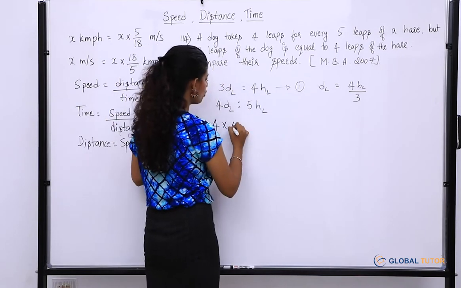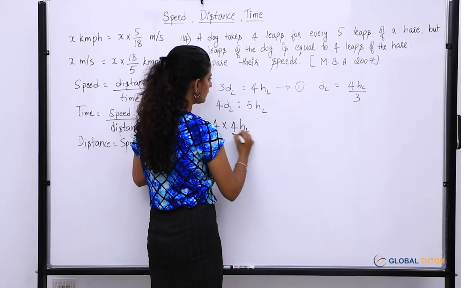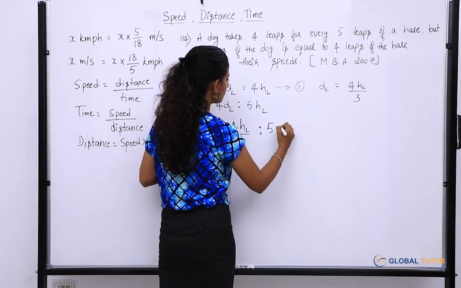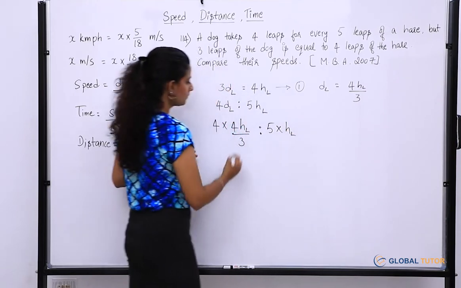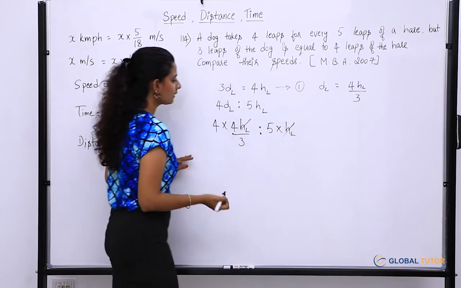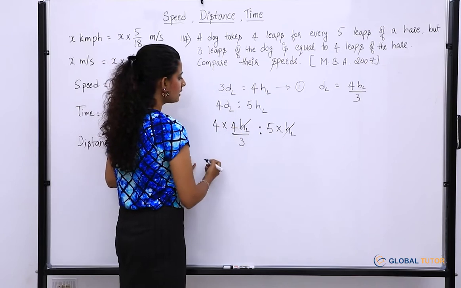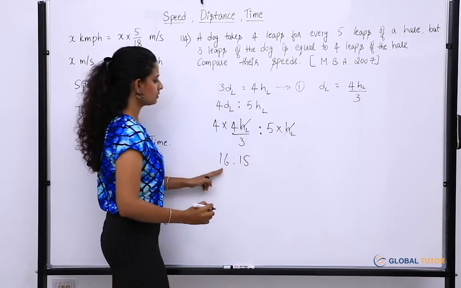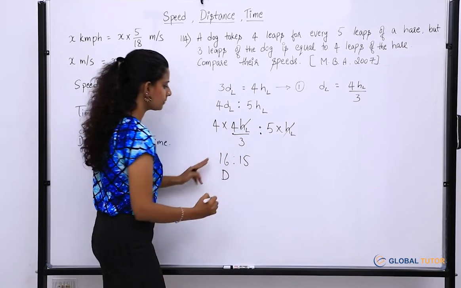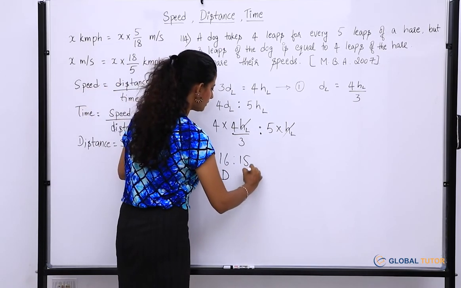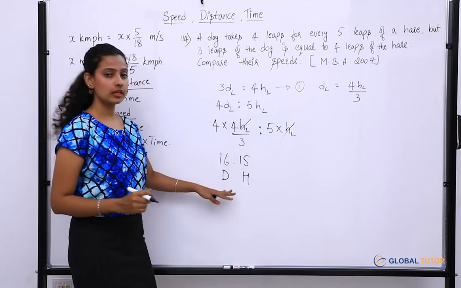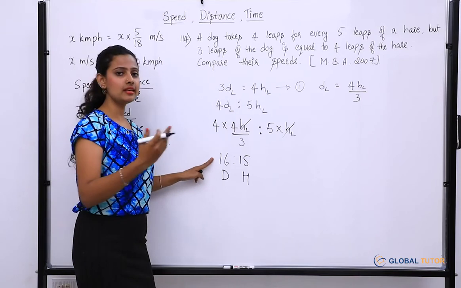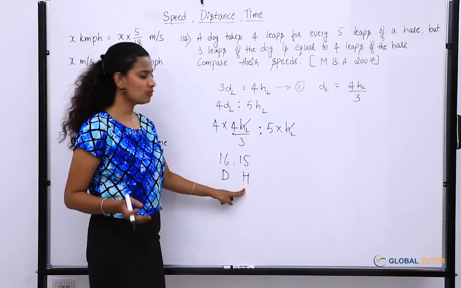DL is 4 HL divided by 3 is to 5 into HL. HL gets cancelled. So, this is 16 is to 15. So, the dog is in the speed of 16 and the hare is in the speed of 15. So, it means here in this case, dog is at a slightly faster speed compared to the hare.